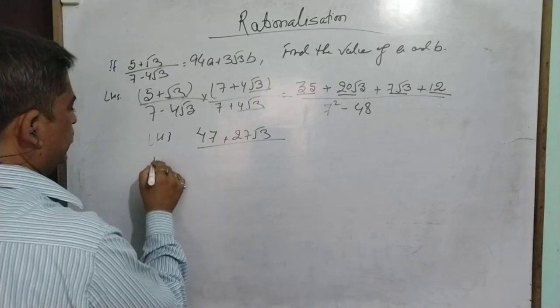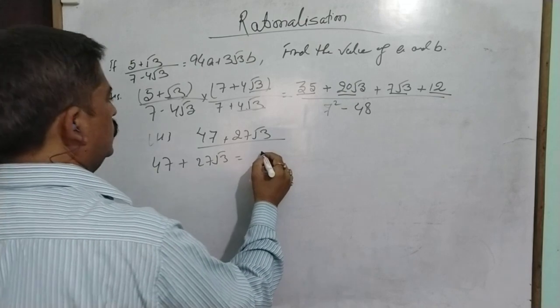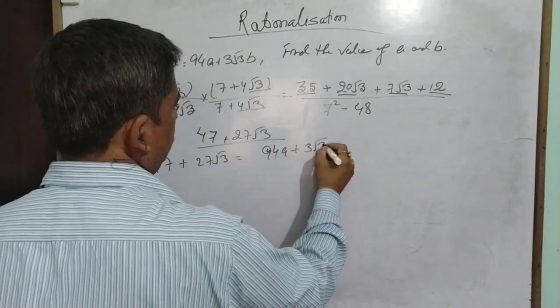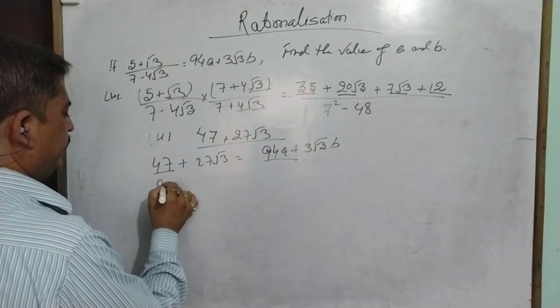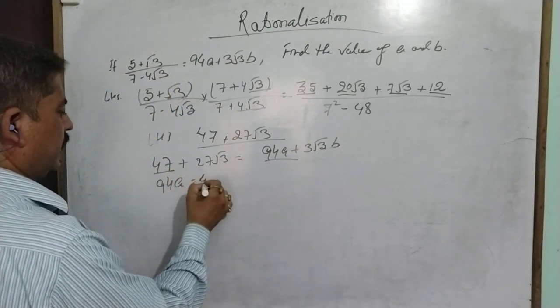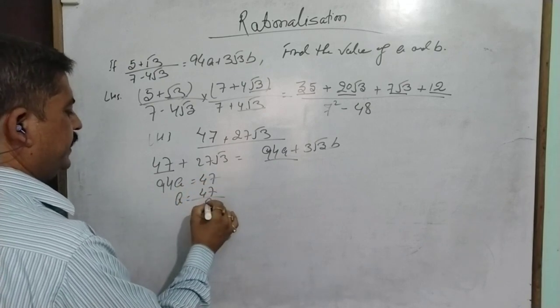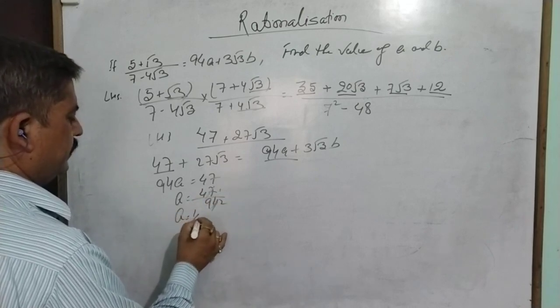So compare: 47 plus 27 root 3 is equal to 94a plus 3 root 3 b. For the a part, 94a equals 47, so a is equal to 47 by 94, so a is equal to 1 by 2.